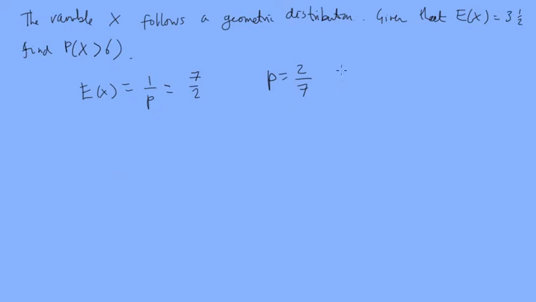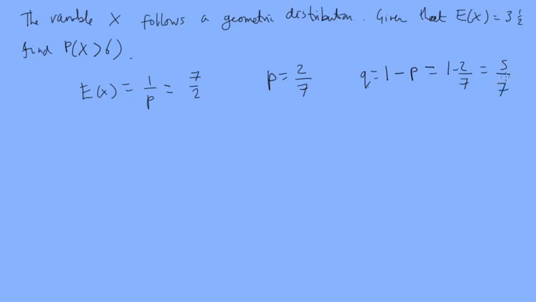Now we're going to need to find Q. Remember, P is the probability of a success. Q is the probability of not having a success, so that's going to be 1 minus P. So Q is going to be 1 minus 2 over 7, which is 5 over 7.